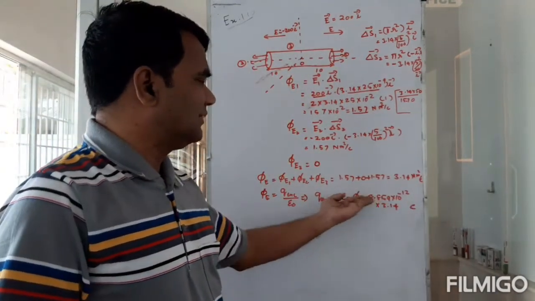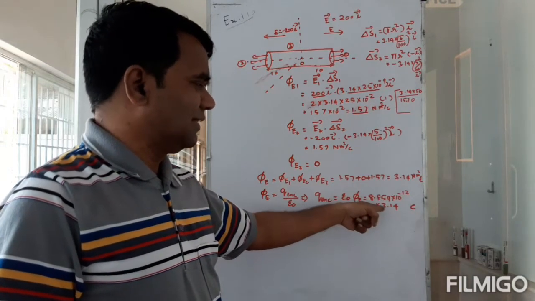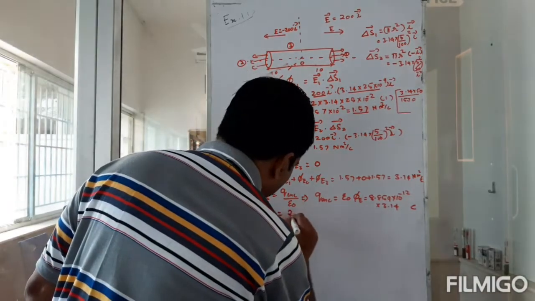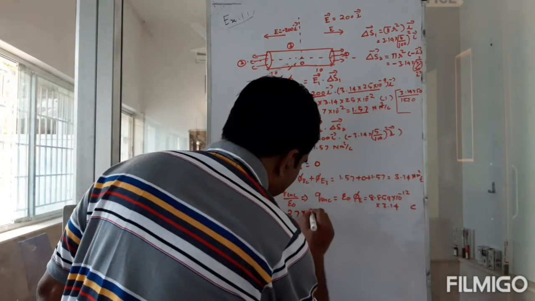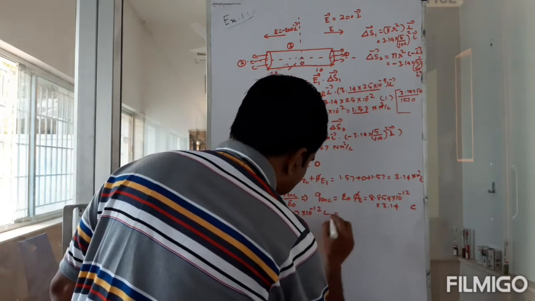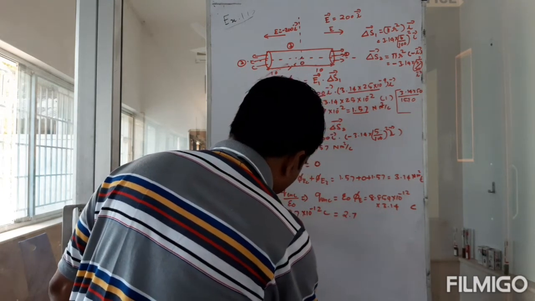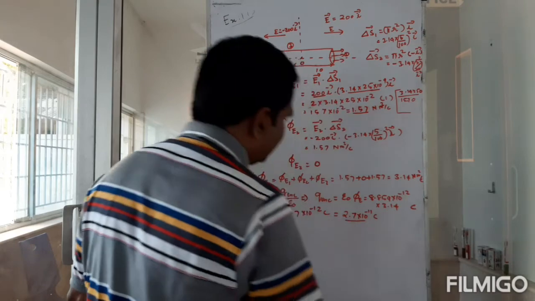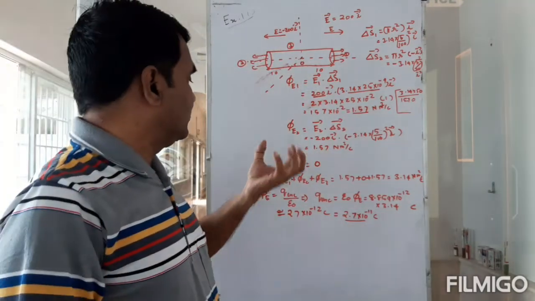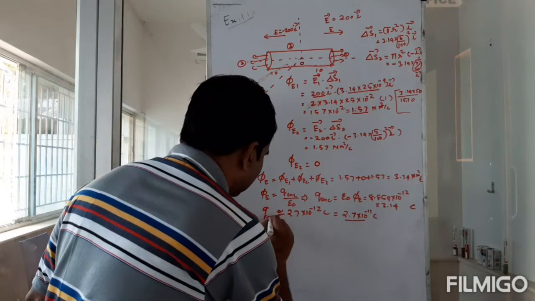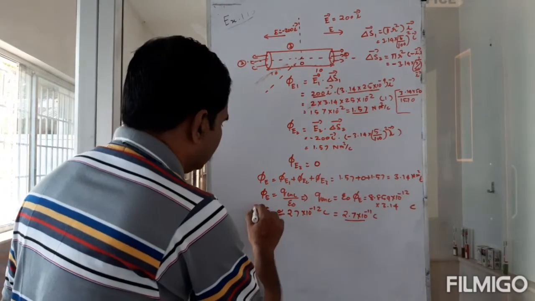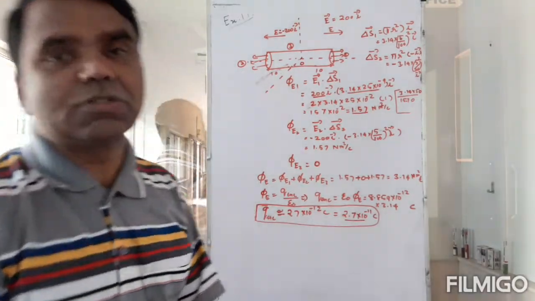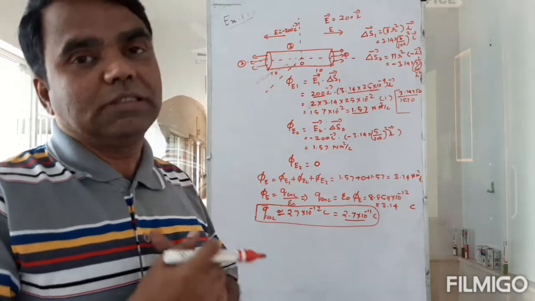So this is 9, this is 9, and then roughly 3, about 27. So I'm going to get about 27 into 10 power minus 12 Coulomb, or approximately 2.7 into 10 power minus 11 Coulomb. So that's the charge Q enclosed, the amount of charge enclosed in this. So this is how you calculate this.